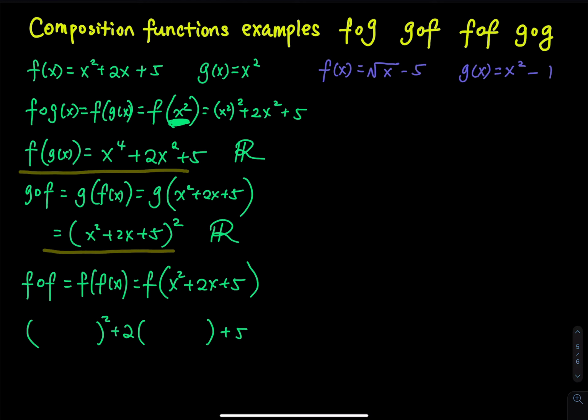You already replaced that with itself. So what that means is you have to go ahead and fill in the independent variable with the function itself, x squared plus 2x plus 5. And then what's the domain? The domain is x can be any real number.